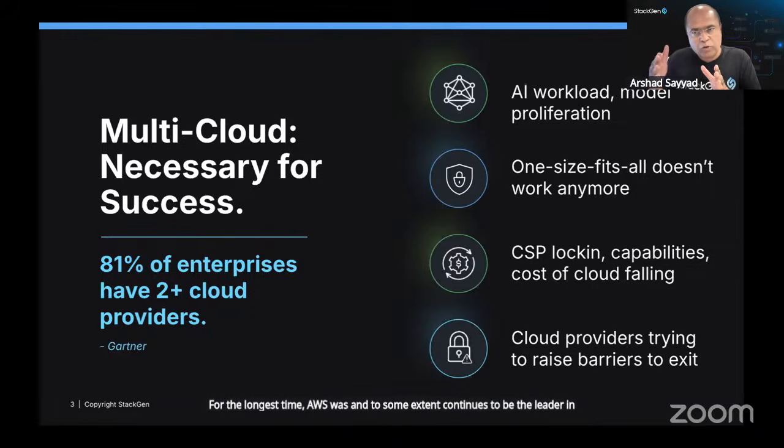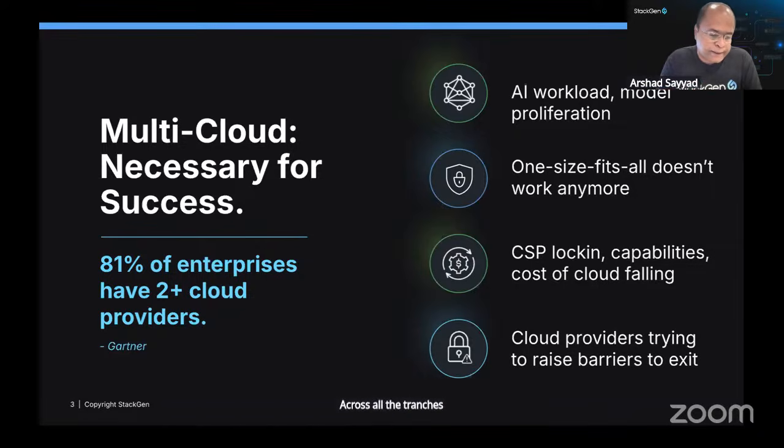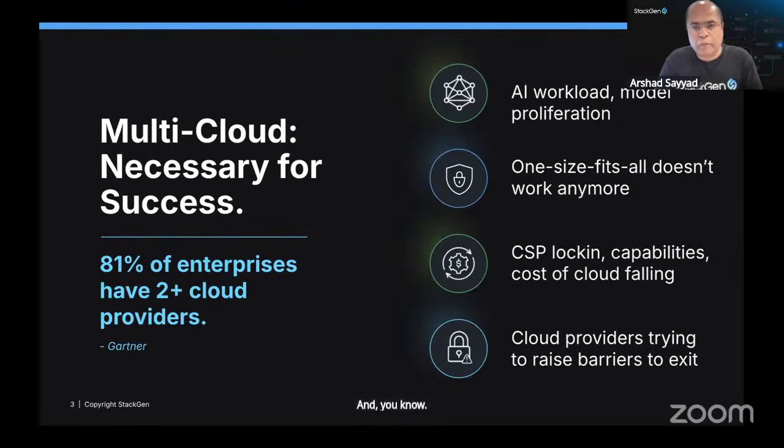But now there are so many more cloud providers that have evolved and are emerging on the marketplace across all the tranches of the enterprise segment. In fact, we find with our clients that they are actually making choices around their environments, around their workloads, and their cloud providers, availing of the opportunity to use multiple cloud service providers.